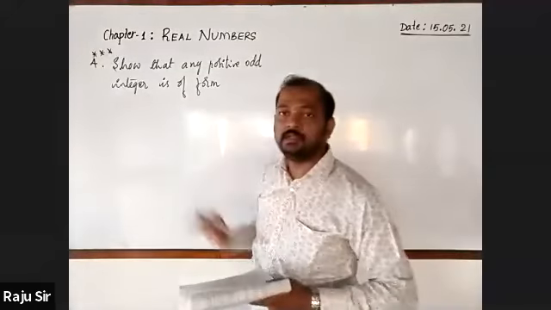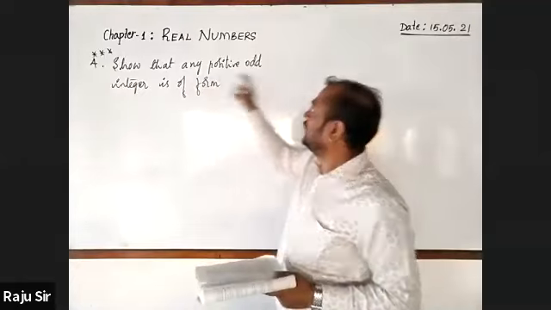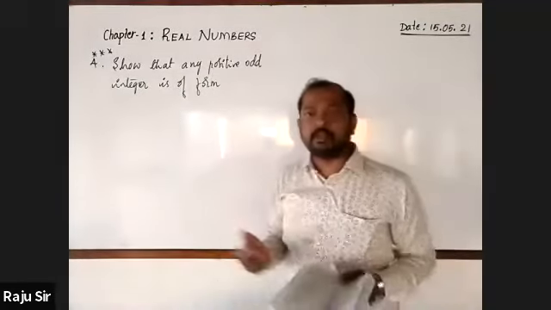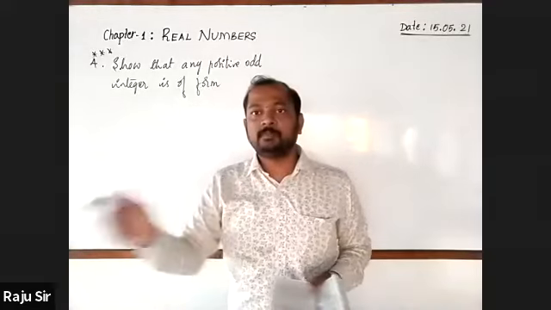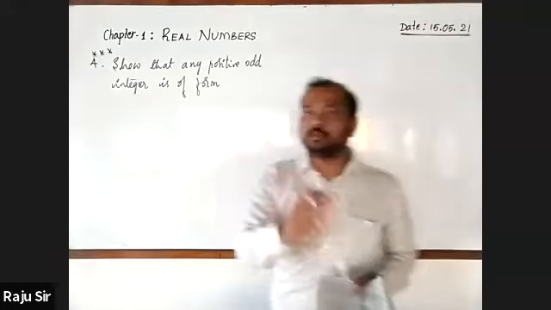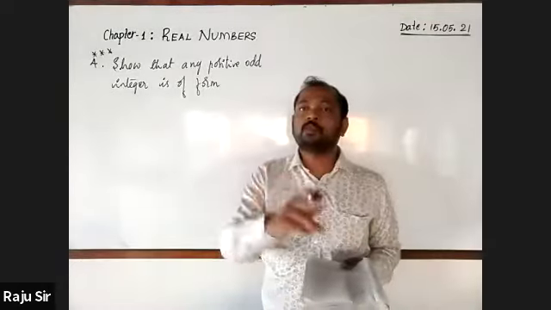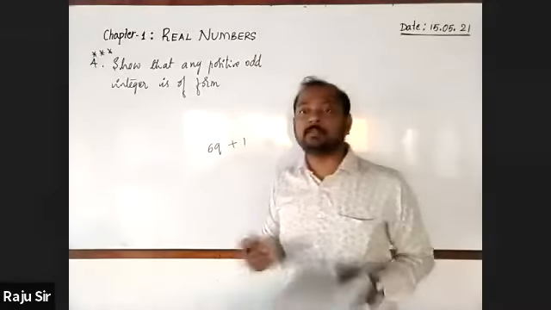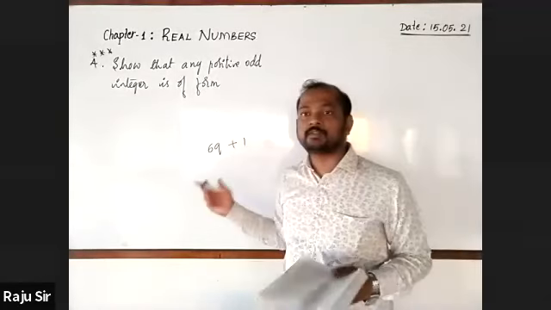Don't write, stop your writing and look here. Show that any positive odd integer, we have already come across how to write the odd positive integers. It may be in the form of either 2q plus 1 or 4q plus 1 and 4q plus 3. If I go for taking 6q plus 1, then what other possibilities? Anyone can respond for this.